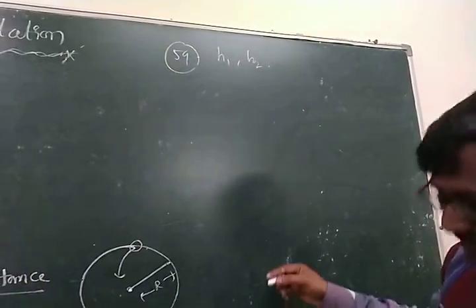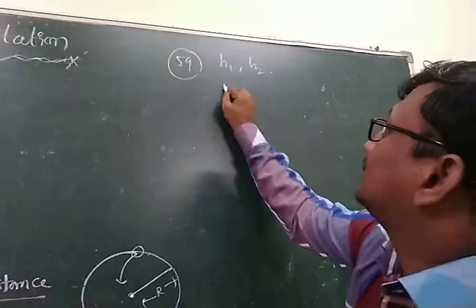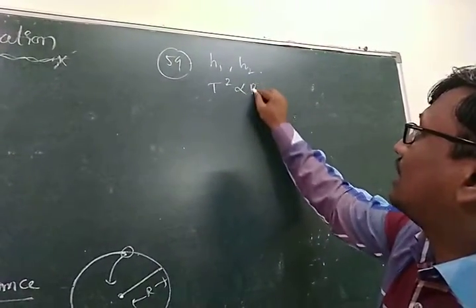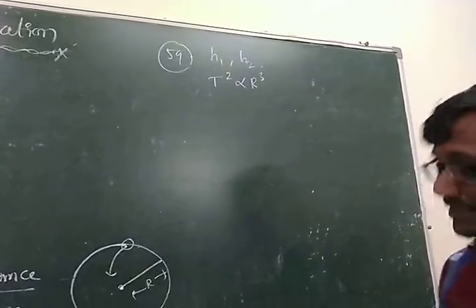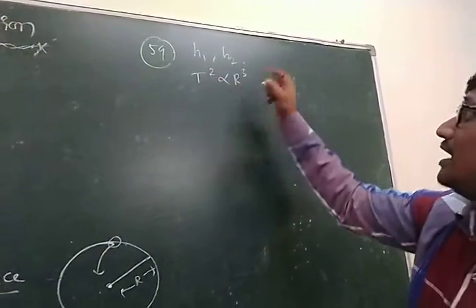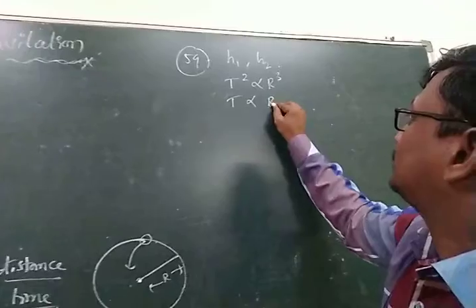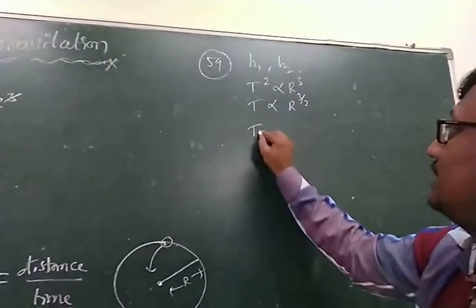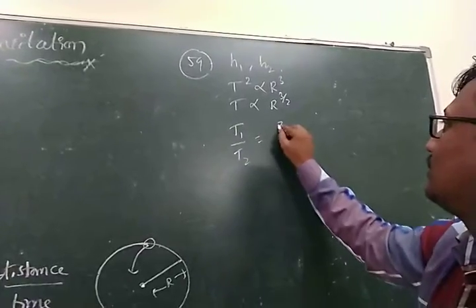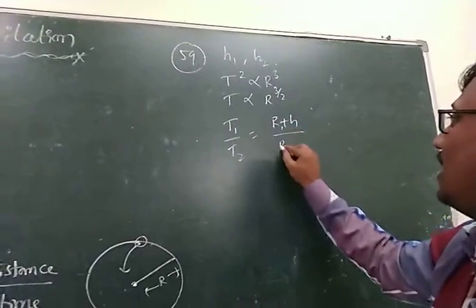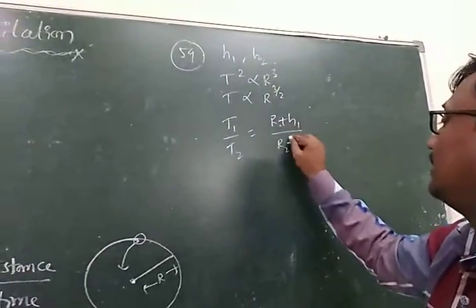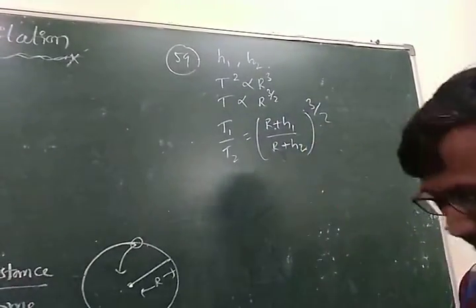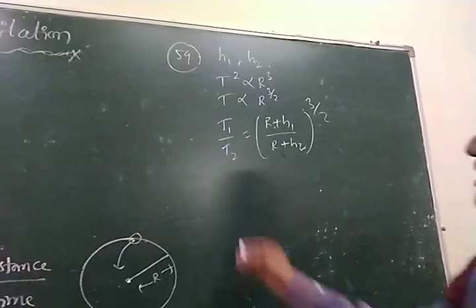T square is directly proportional to R cube, so T is directly proportional to R to the power of 3 by 2. Taking the ratio, T1 by T2 is equal to (R plus H1) by (R plus H2), all to the power of 3 by 2. So this is right.